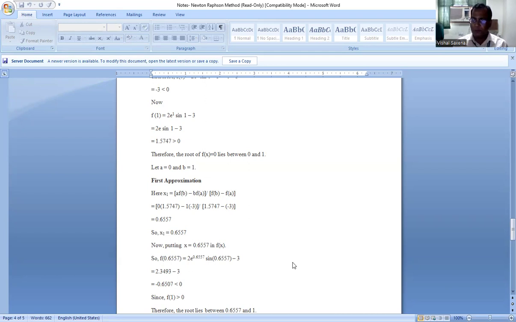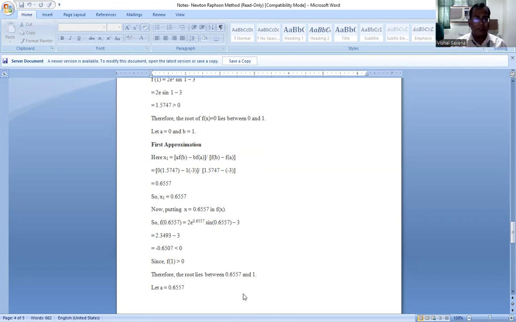So for this we first have to find the value f(x1), that is f(0.6557), and it is coming out to be minus 0.6507. So this value will become negative while f(1) is a positive value, and therefore the root will lie between them.